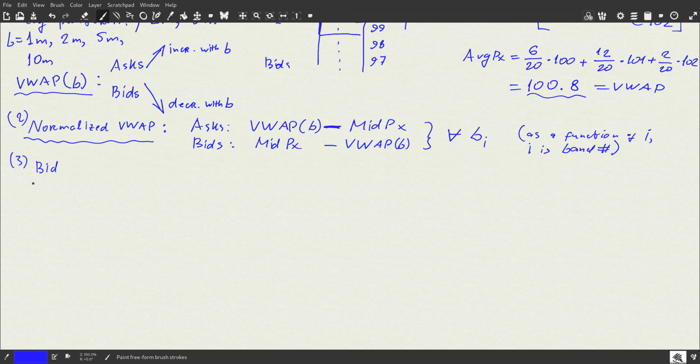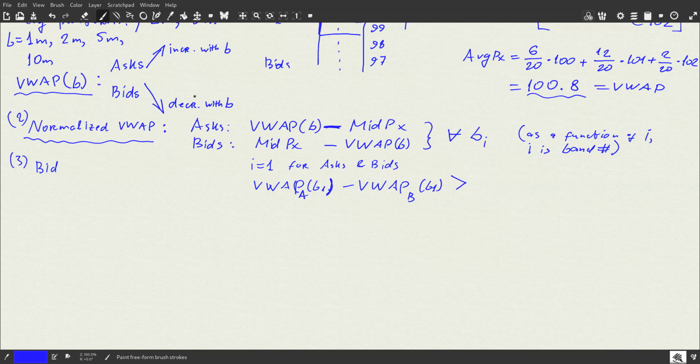A kind of, because you see, if we, for example, consider the difference, let's say take I equal to 1 for asks and bids, and then take the difference of VWAP of B1 on the ask side minus VWAP of B1 on the bid side, this will be greater than bid-ask spread.